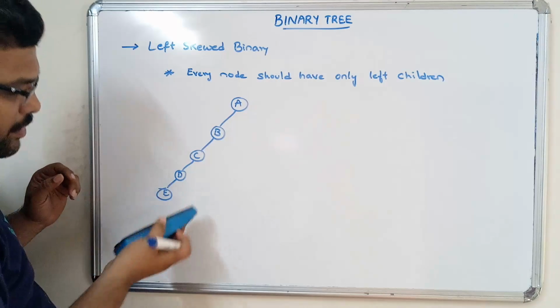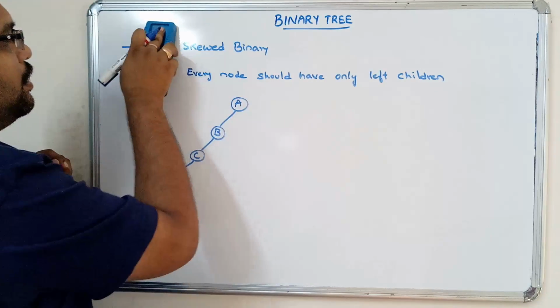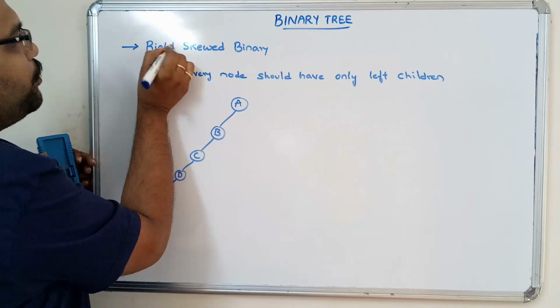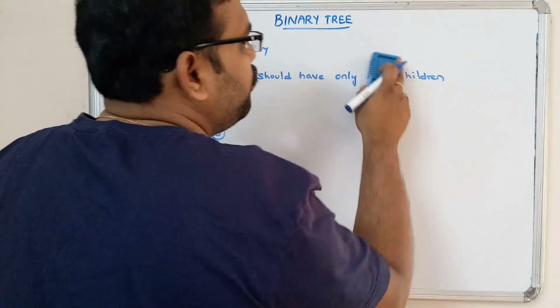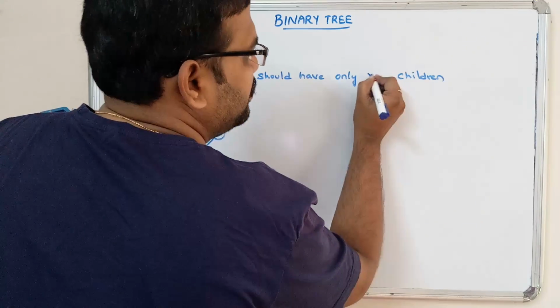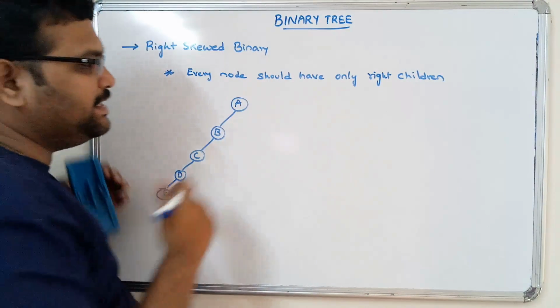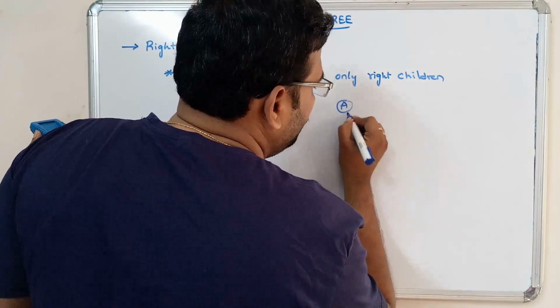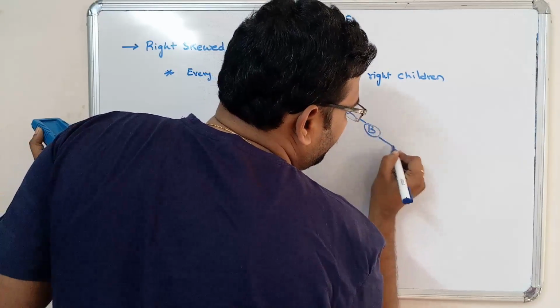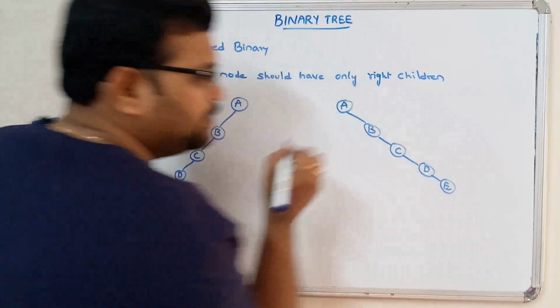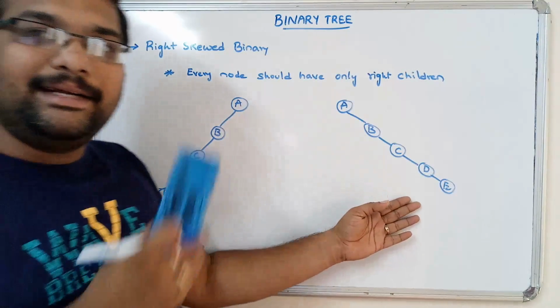Then the right skewed binary tree. Every node should have only the right children. So the same thing, A, B, C, D. This is called a right skewed tree.